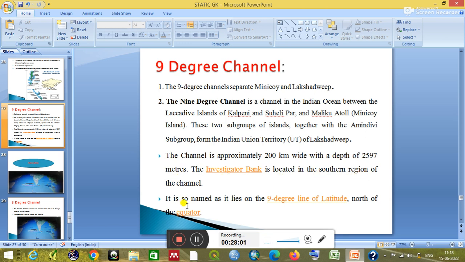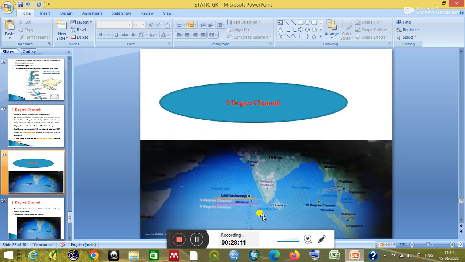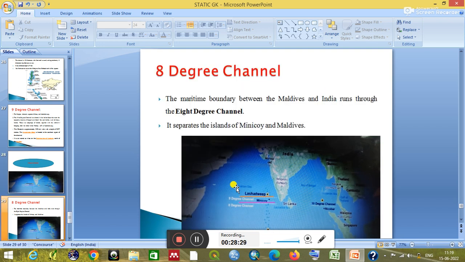It is so named as it lies on the 9 degree line of latitude north of the equator. This map shows the 9 degree channel, and this line is present at the 9 degree channel.